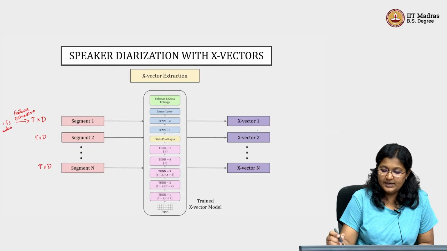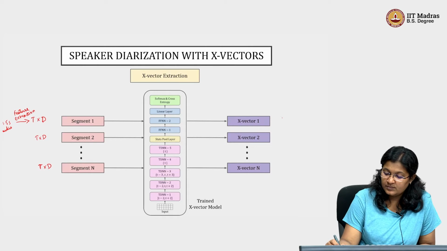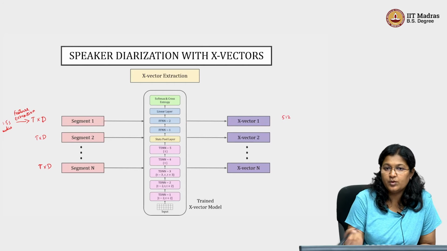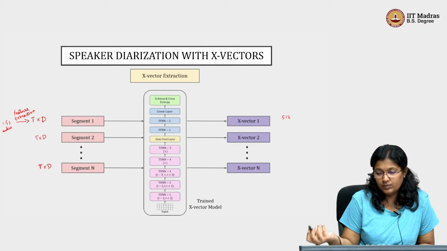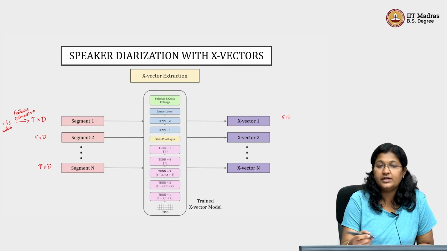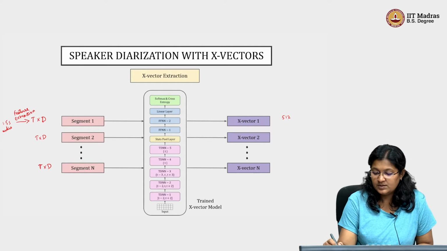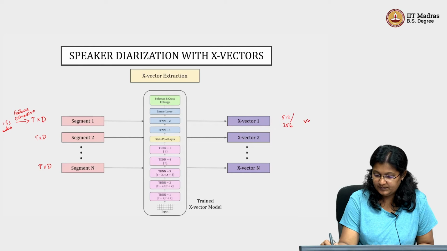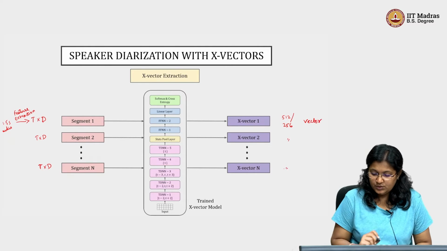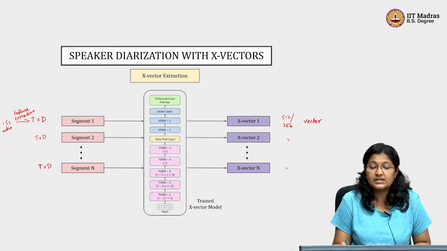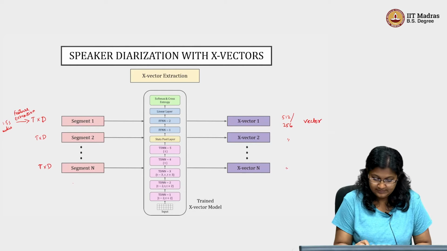This will be fed and you will get a 512, it depends, okay. If you want a 512 vector, then you have to train the model for 512. If you want a 256 dimension vector, you train the model for 256 dimension. So, you have n x vectors for n segments.